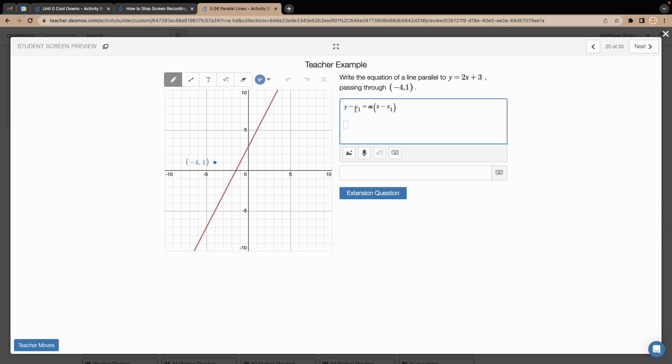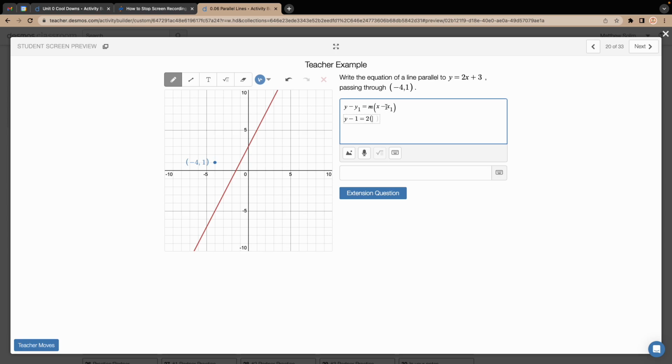Y minus y1. My y1 is here, because that's x1, y1. So we would have y minus 1 equals, and now I want the same slope as the red line. The red line has the equation 2 times x, so it's got to be a slope of 2.